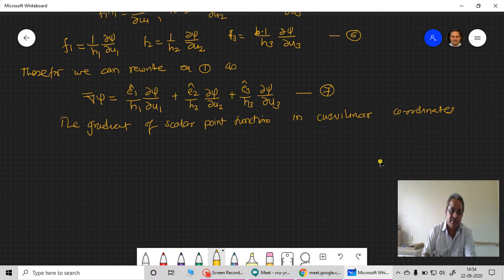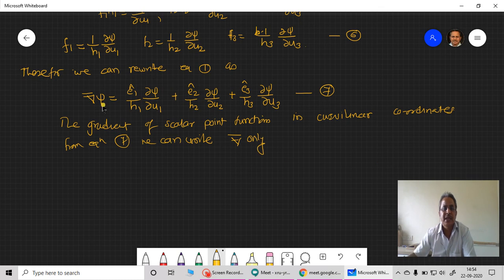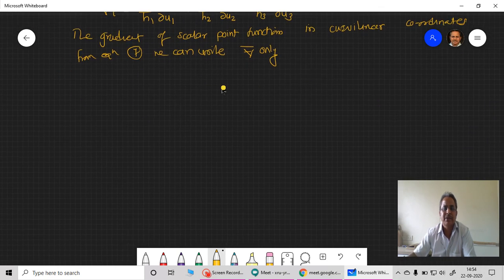From equation 7, we can write the equation for del bar only. How to write del bar? Here psi is there on the right hand side and left hand side, and therefore we get one very important relationship.